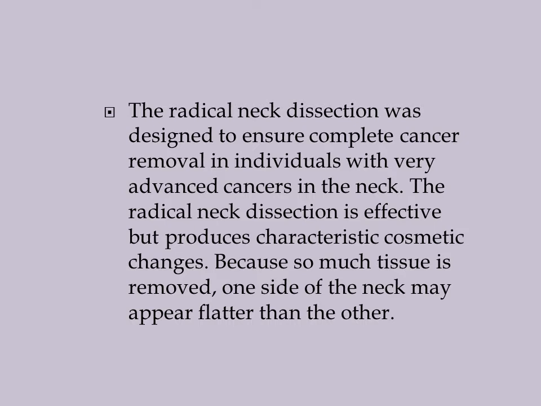The radical neck dissection was designed to ensure complete cancer removal in individuals with very advanced cancer in the neck. The radical neck dissection is effective but produces characteristic cosmetic changes. Because so much tissue is removed, one side of the neck may appear flatter than the other.